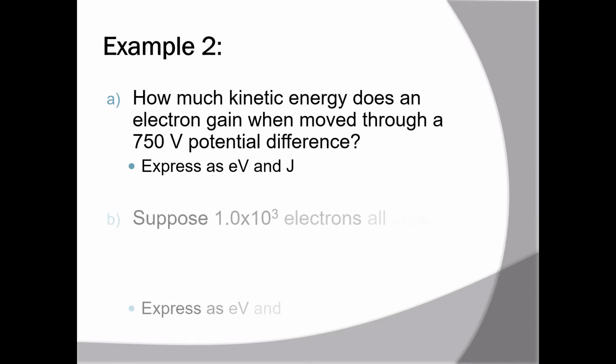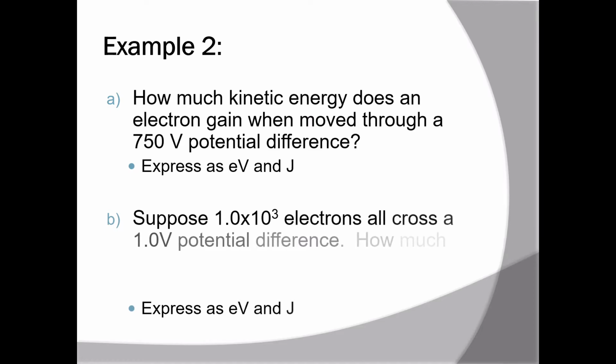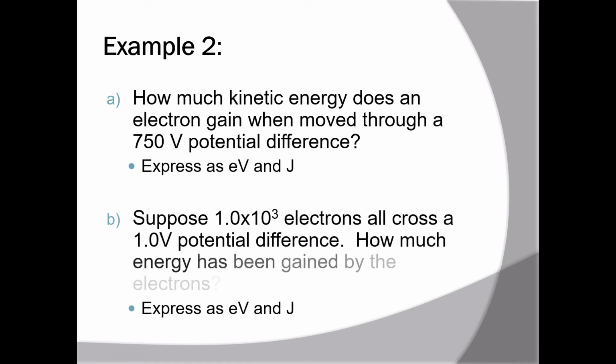All right, example 2b. Suppose we have 1000 electrons, so 1.0 times 10 to the 3 electrons, all crossing a 1 volt potential difference. How much energy has been gained by the electrons?